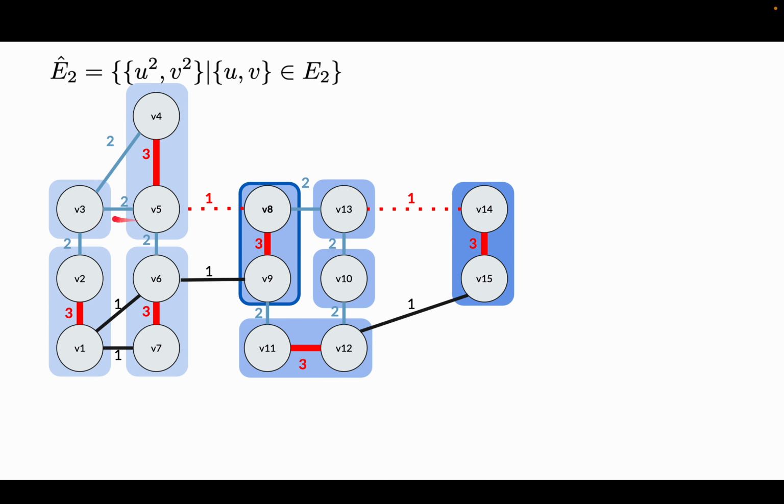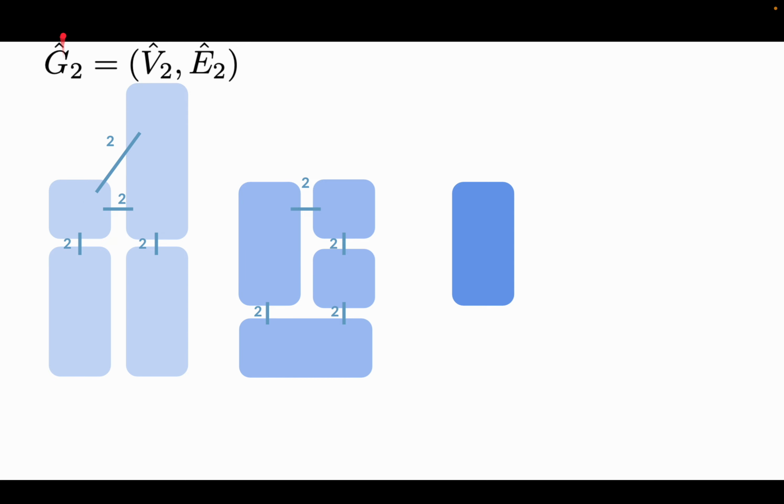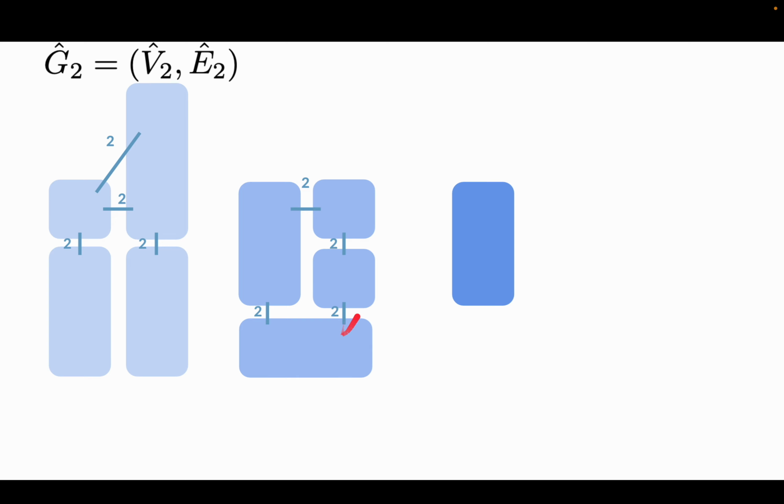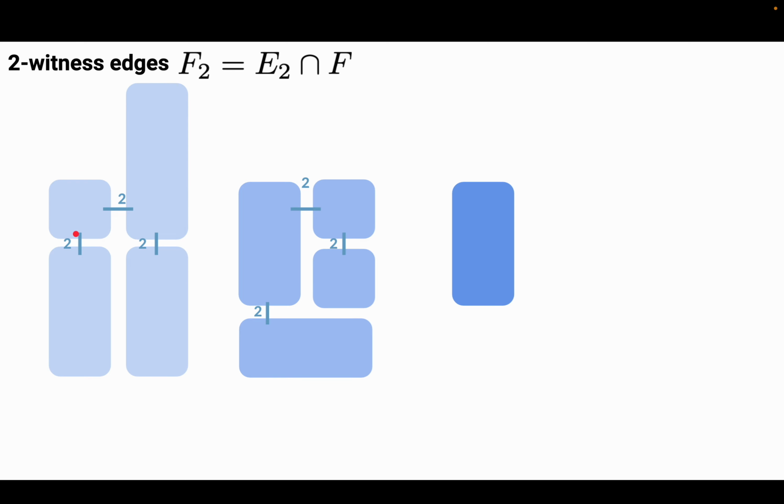There are 1, 2, 3, 4, 5, 6, 7, 8 edges with a depth of 2, and they all happen to span between two connected components. So E2 hat is just these 8 edges. Again, we can define G2 hat in a similar manner, and we can define a spanning forest of G2 hat by only considering edges that are part of the spanning forest F. You can see the edges that are not part of the spanning forest were removed when we are only considering the edges in the spanning forest.